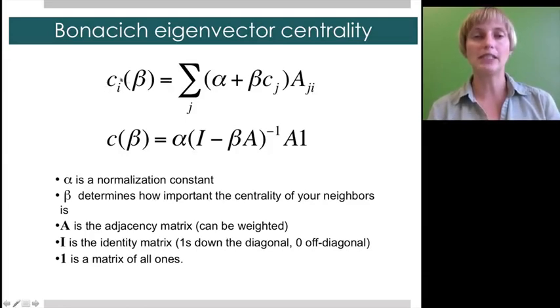So you have that the centrality of node I for a certain parameter beta is the sum over all of its neighbors, which you're going to get from the adjacency matrix. This can be weighted or not. For each of those neighbors, you're going to have this factor of alpha plus beta times the eigenvector centrality of the neighbor.